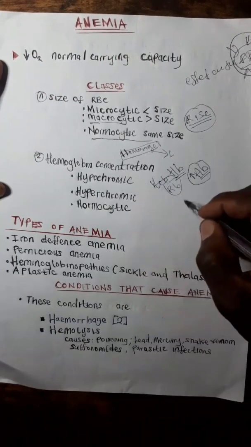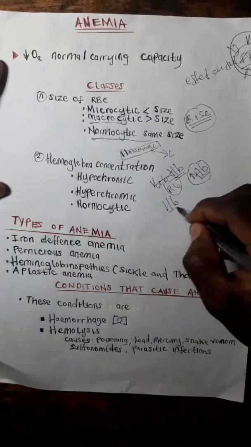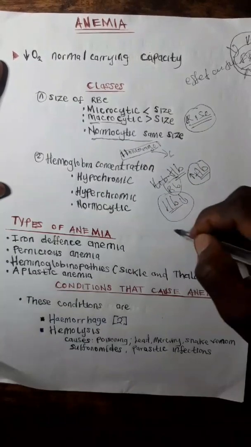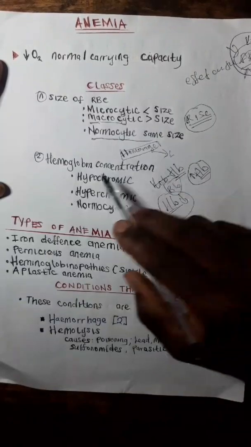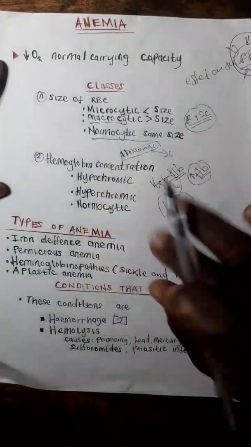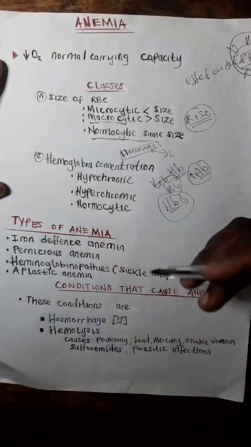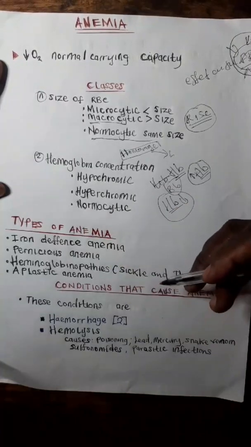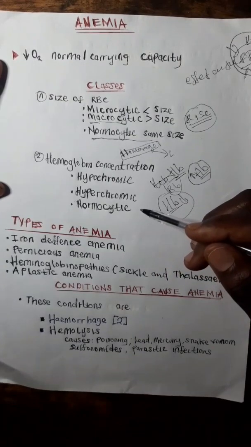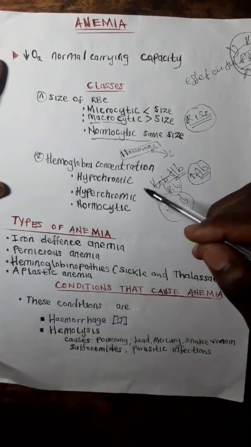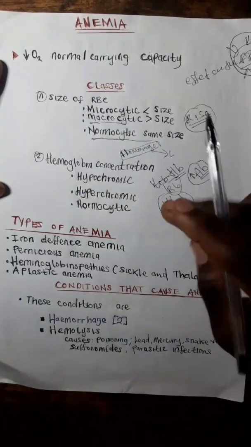When there is very little hemoglobin than the normal, it can cause the hypochromic. Chrom means color, hypo means less. So hypochromic means the decrease in hemoglobin. Since there is a decrease in hemoglobin, it means that there's also a reduction in the color.